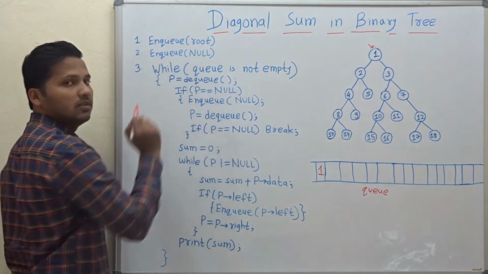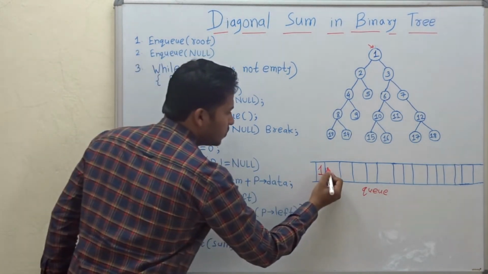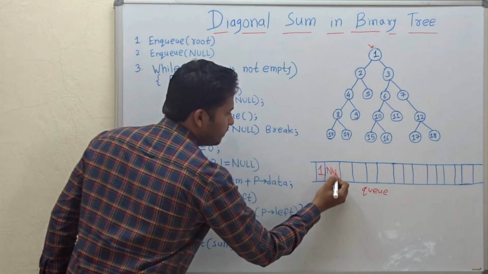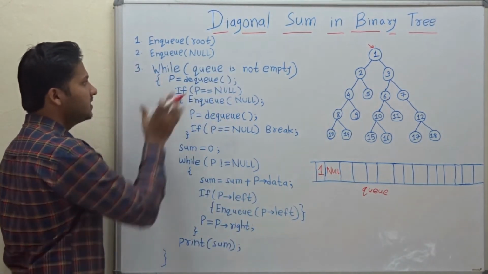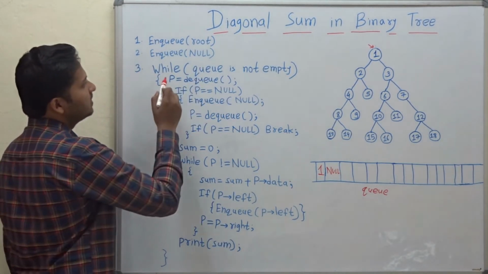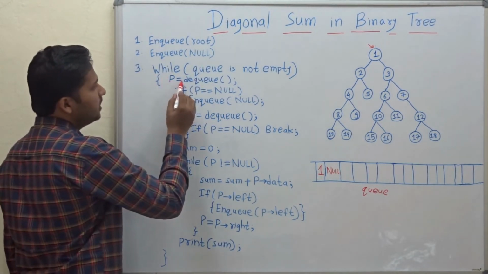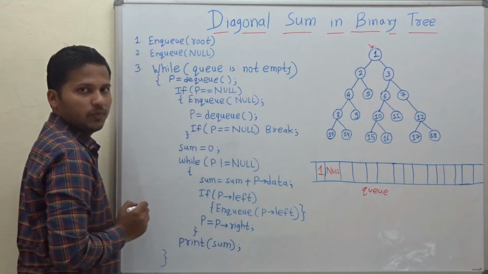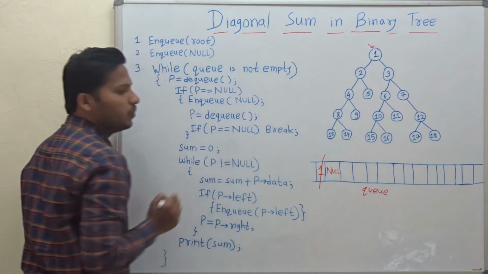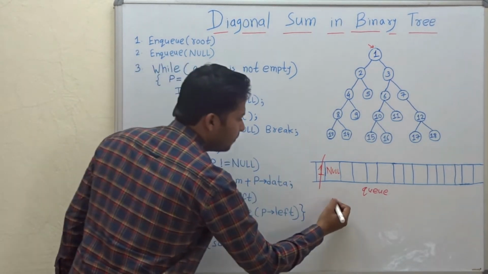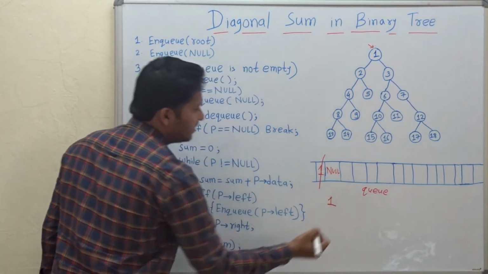Then enqueue null. Then you enqueue a null character in the queue. Go to the third step. This is a while loop now. Inside that loop, P is equal to dq. So you have to dq from the queue. When we dq, we get the node 1.